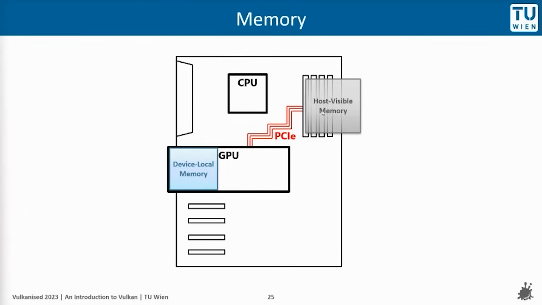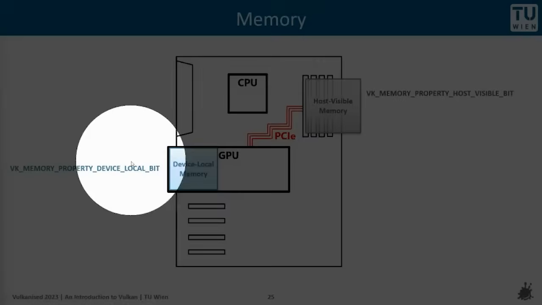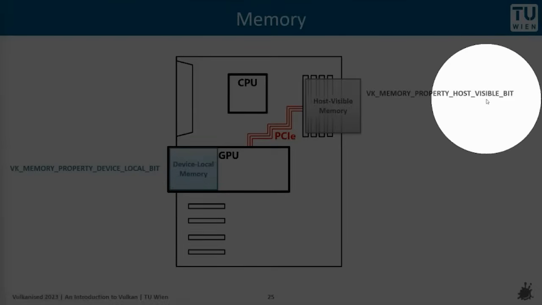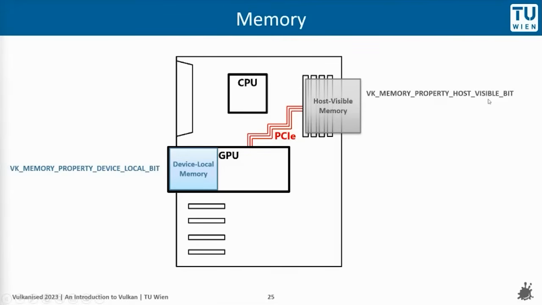The device local memory can be addressed using the VK memory property device local bit, and the host visible memory can be addressed with the flag VK memory property host visible bit. Always those long names, but here we have device local, here we have host visible. During this tutorial, we have always used host coherent memory, which is almost the same as host visible.